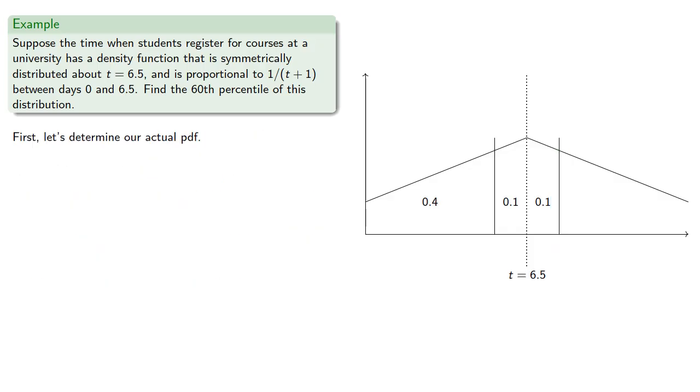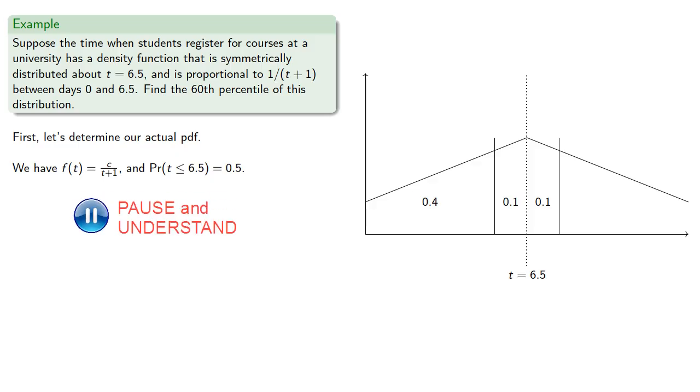So first, let's determine our actual PDF. We have our PDF, which is proportional to, has a constant of proportionality, and we know that the median is 6.5, so that tells us the probability that we're less than or equal to 6.5 is 0.5. And so we can set up our equation where we'll factor out that constant because we can.